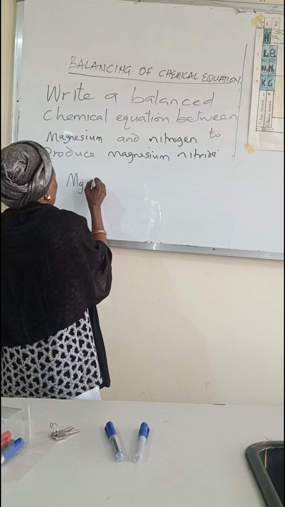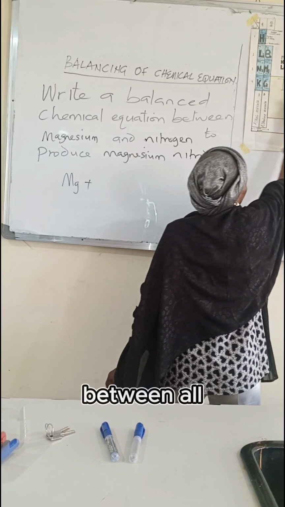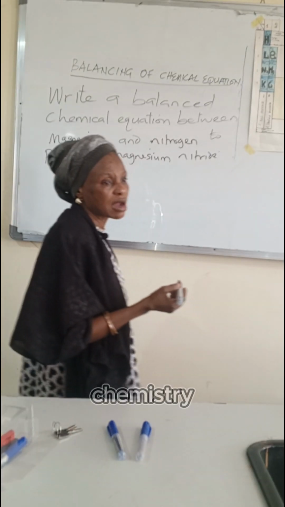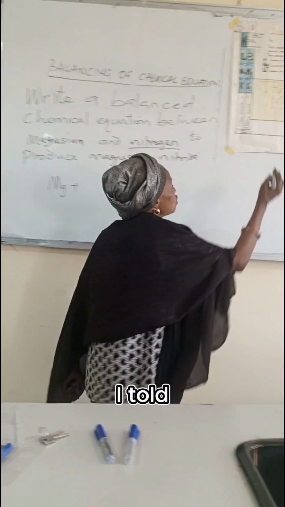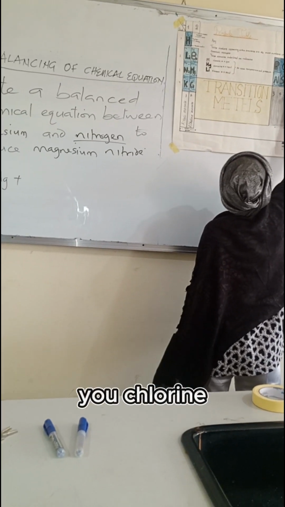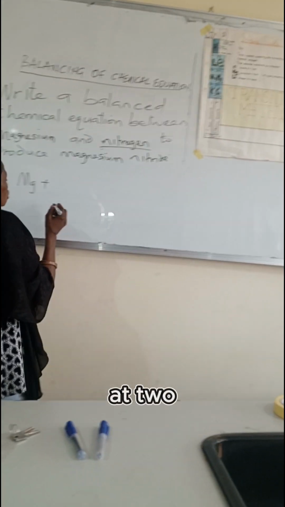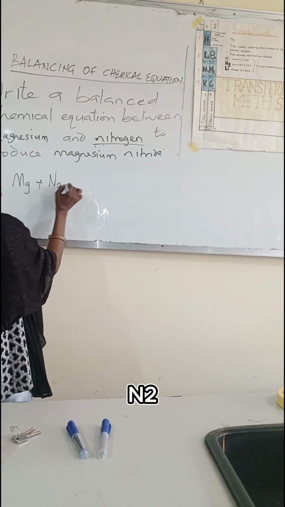See? Don't forget the elements in between all of them are singly written when they want to participate in a chemical reaction. Don't forget chlorine, nitrogen, they are at 2 atoms. So it will now be N2.